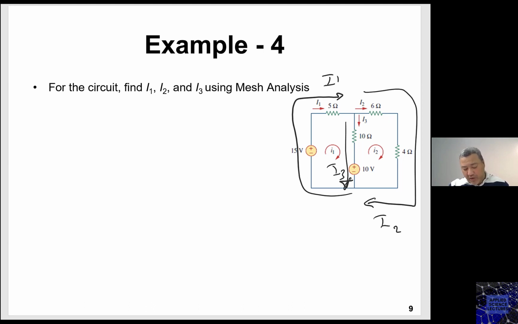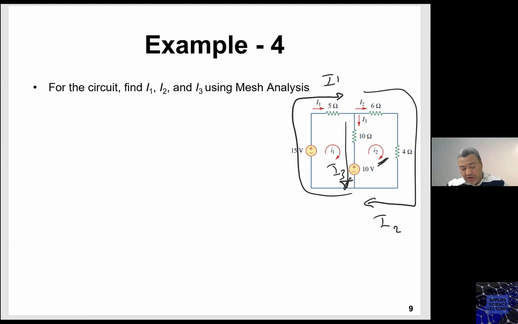Our mesh current I1 goes into the whole mesh. Sometimes he goes solo by himself, with no other currents sharing with him. Sometimes he shares, like the 10 ohm: the mesh currents I1 and I2 are sharing the 10 ohms. However, the mesh current I1 is going by himself into the 5 ohm.